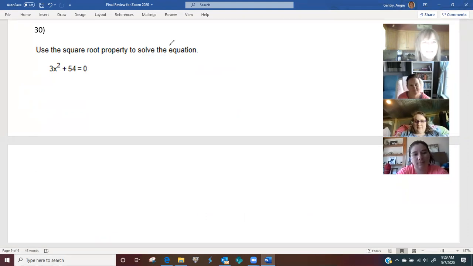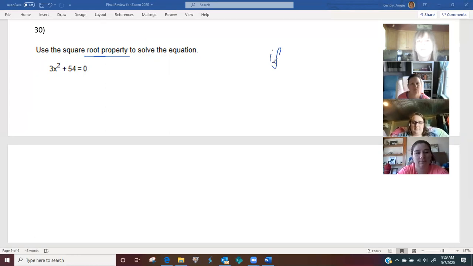So anyway, okay, use the square root property. So we're not immediately going to take the square root of both sides. We're going to say if x squared equals k, if something squared is constant, then that something is plus or minus the square root of k. So for you to do this, you need to first isolate the x squared.